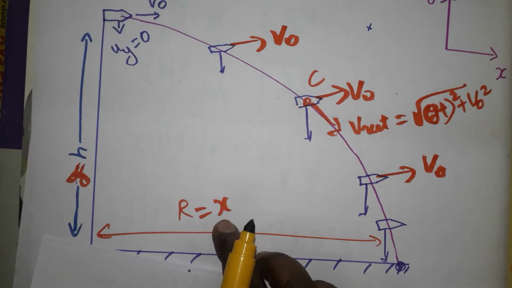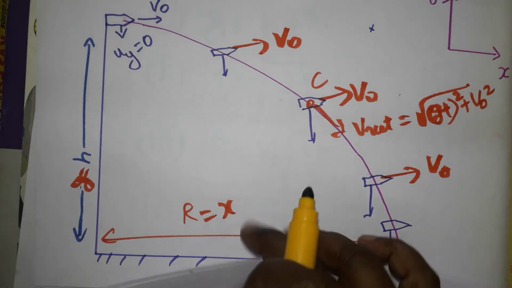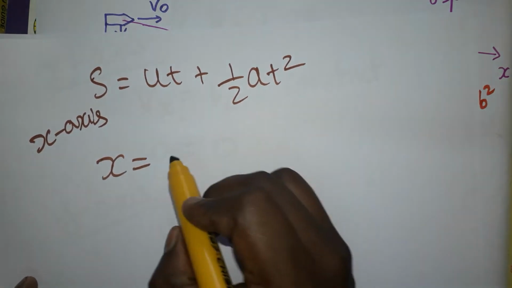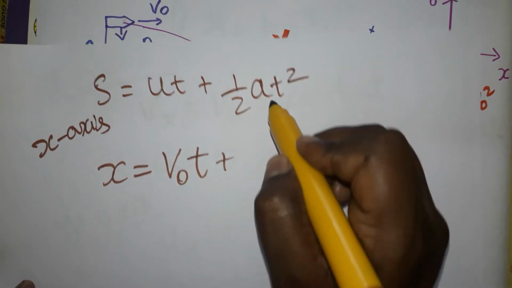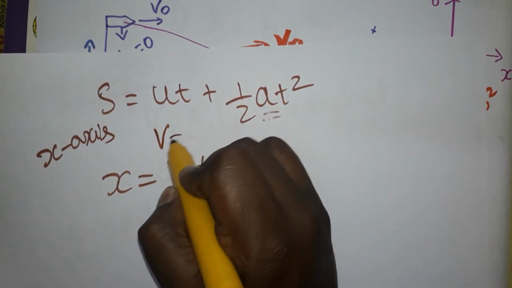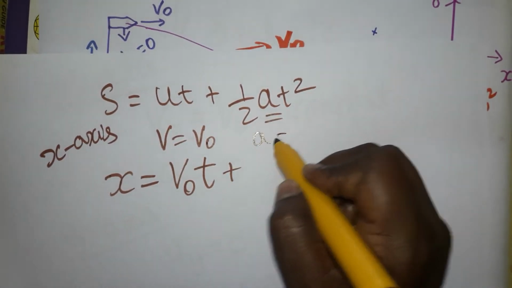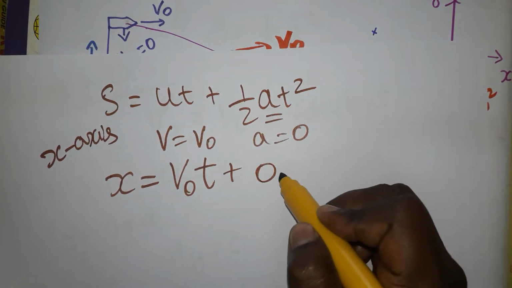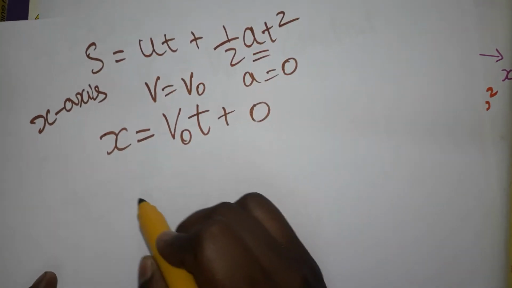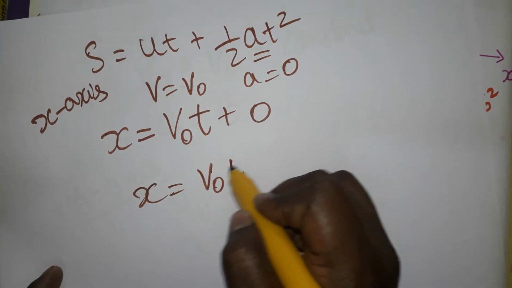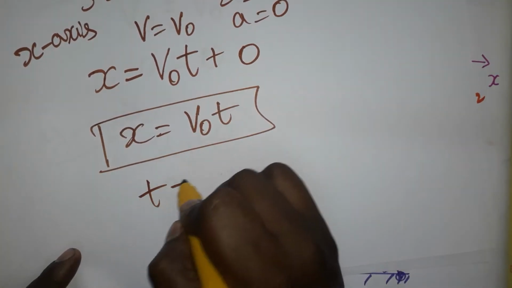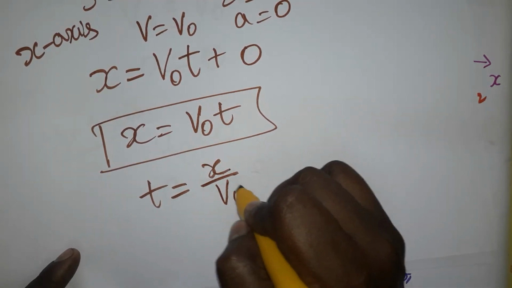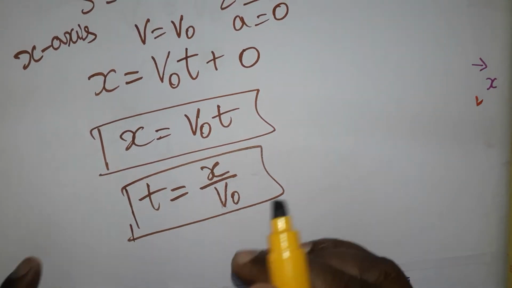Only for the trajectory equation you take x, otherwise you can take it as r. The initial velocity along the x-axis is the constant v naught, times t, plus half times the acceleration, which is 0, times t square, which is 0. So x is equal to v naught times t. From this you can get t is equal to x divided by v naught. I got the equation of time period along the x-axis.